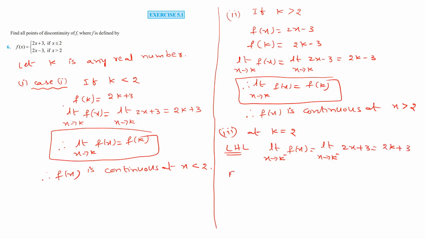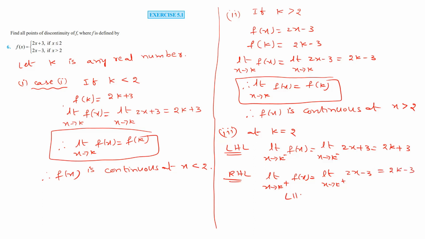Next the RHL: the limit as x tends to k plus of f of x is 2x minus 3, so substituting gives 2k minus 3.